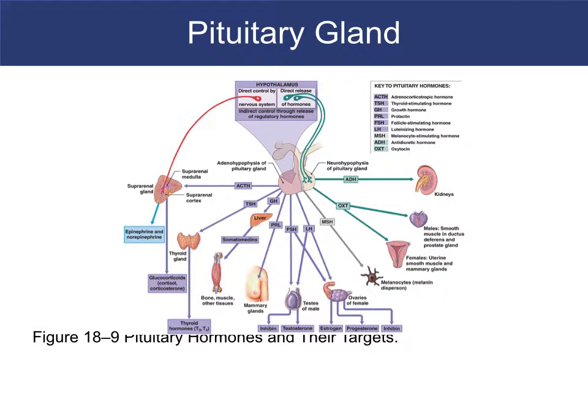TSH, thyroid stimulating hormone, doesn't have any nerves going to the thyroid gland. It's simply releasing factors that are made up here in the hypothalamus. They're passed down through that portal system. They're called thyroid releasing hormone, or thyroid releasing factor. It comes down here. It causes the release of TSH, thyroid stimulating hormone.